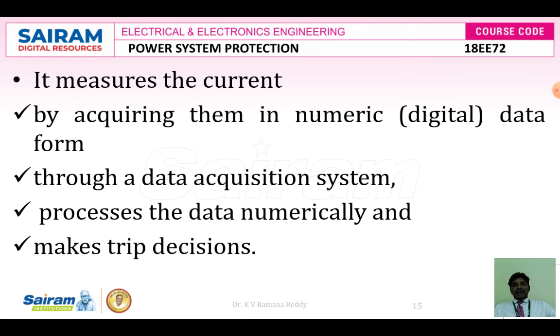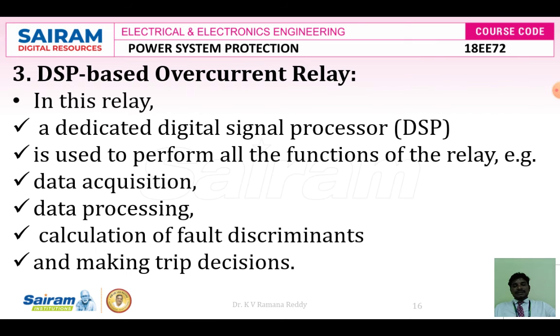It measures the current by acquiring it as digital data with the help of a data acquisition system and rectifiers, converting the analog signal into a digital signal in terms of ones and zeros. It is easy to compute through programs and make trip decisions to isolate the faulty section of the system from the healthy section.